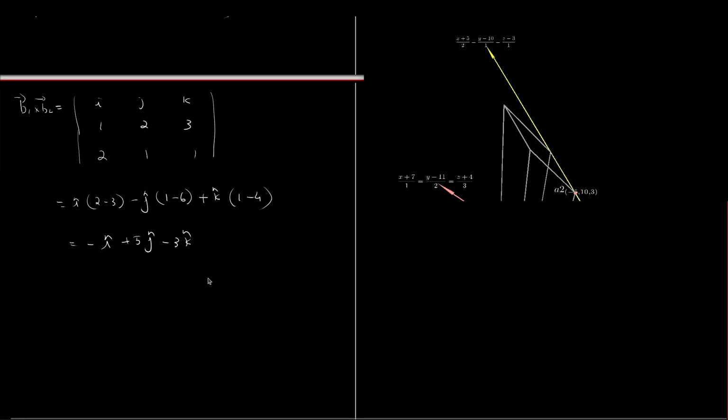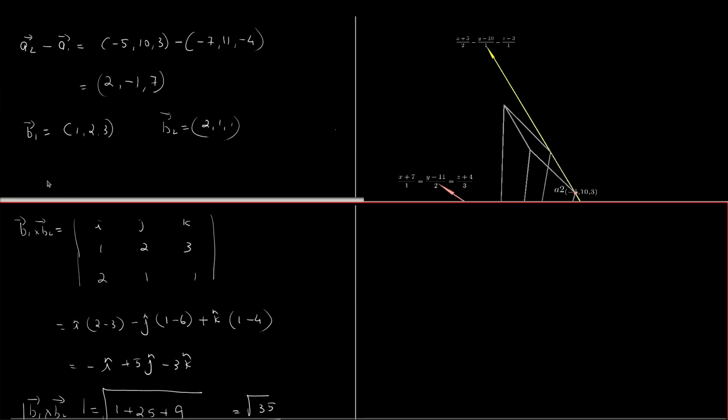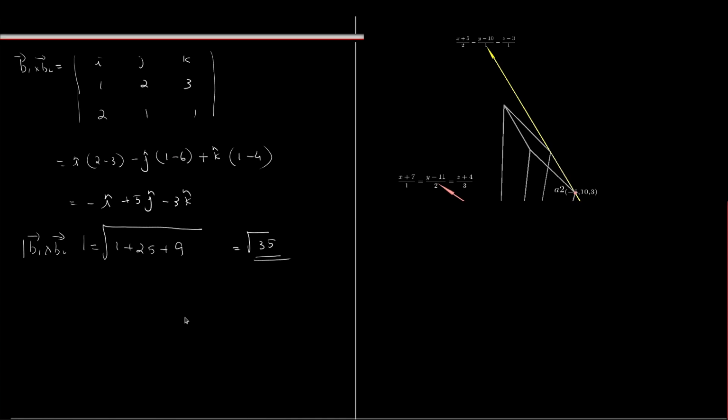We need to find the magnitude also. So the magnitude of B1 cross B2 will be the square root of 1 plus 25 plus 9, that is square root of 35. So now we will see the dot product of A2 minus A1 with B1 cross B2.